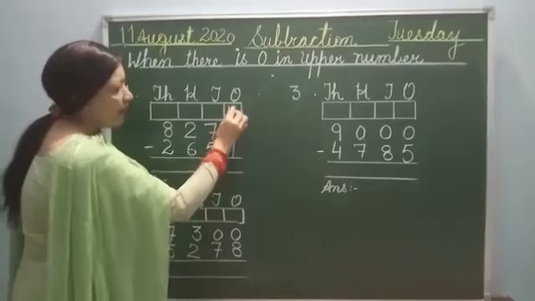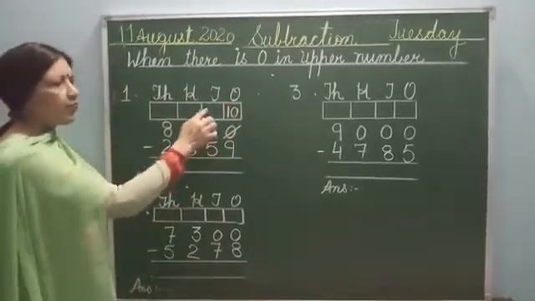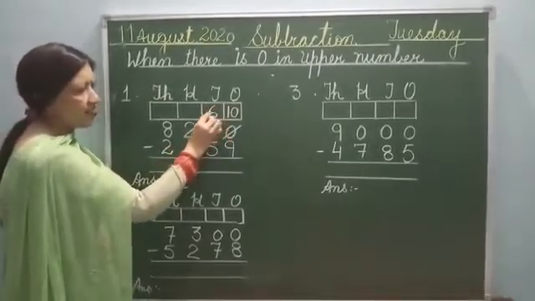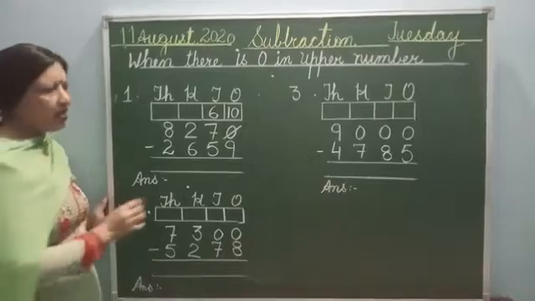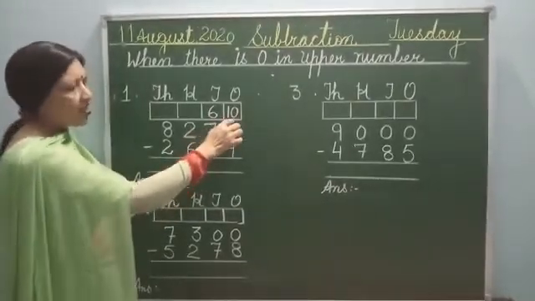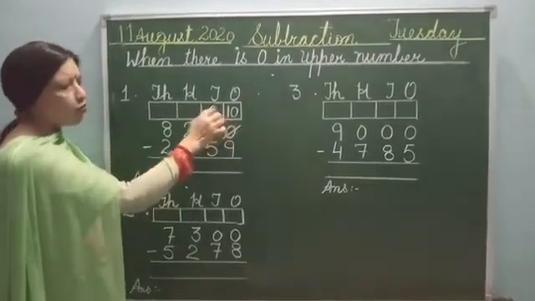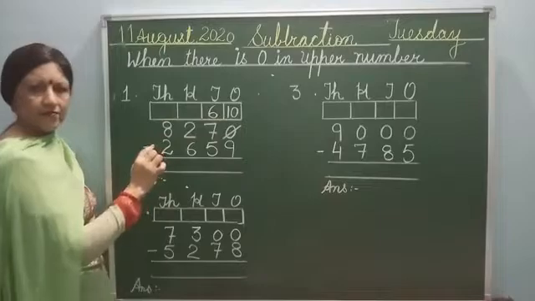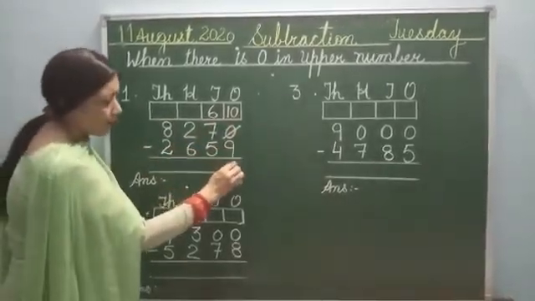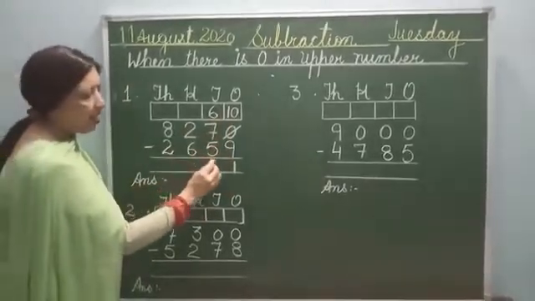It has become 10. Now this 7 has given 1, so it will become 6 tens. Is it clear beta? Now 10 minus 9 is 1. 6 minus 5 is again 1.